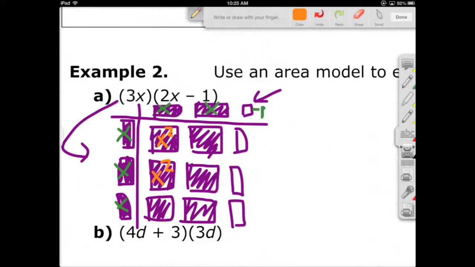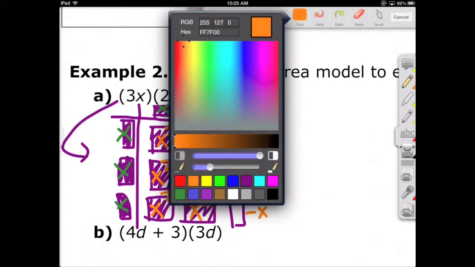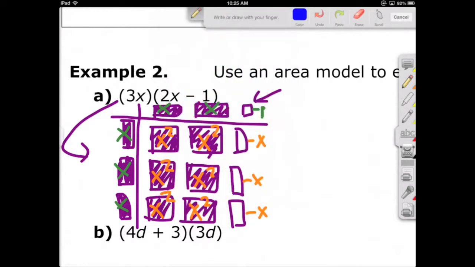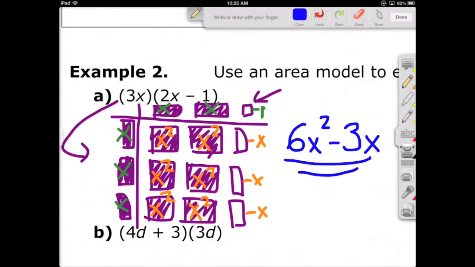In fact, there are 6 of them. And these negative x's. Now you just use a process of collection, and you say, well, how many do you have? Go back to blue. You have 6x squared minus 3x. And there you go. That is your final answer.